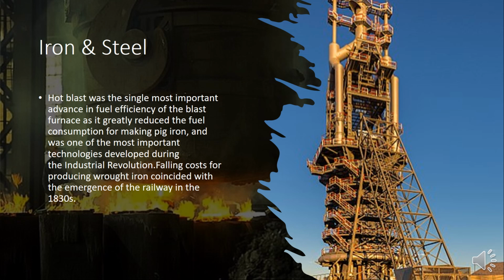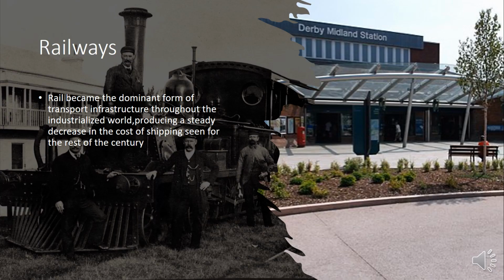Thus, the emergence of the railway in 1930 is a direct result of this new development in producing iron and steel. So, in consequence of the decreased cost of iron and steel and the domino effect of the new and cheaper way of production, rail became the dominant form of transport infrastructure.